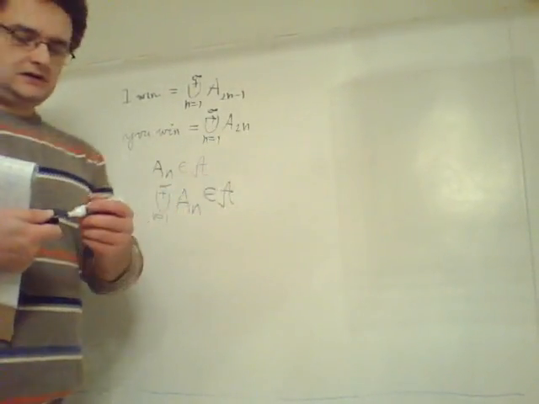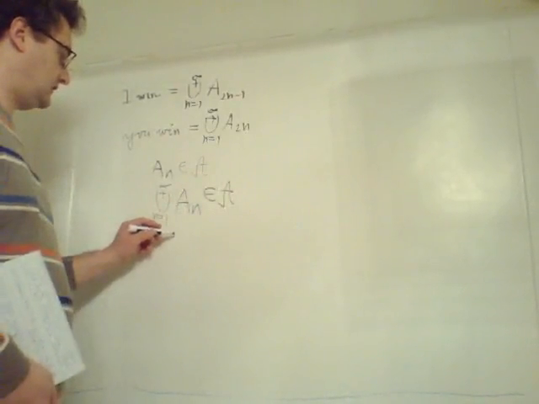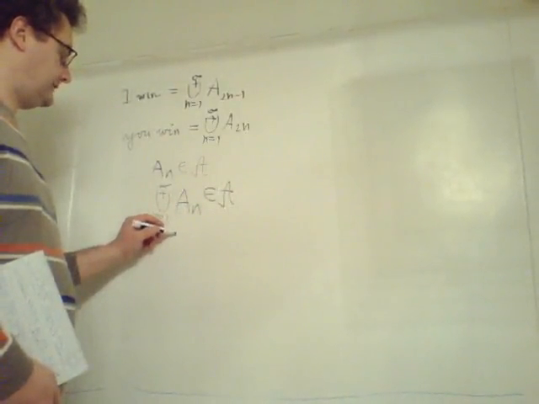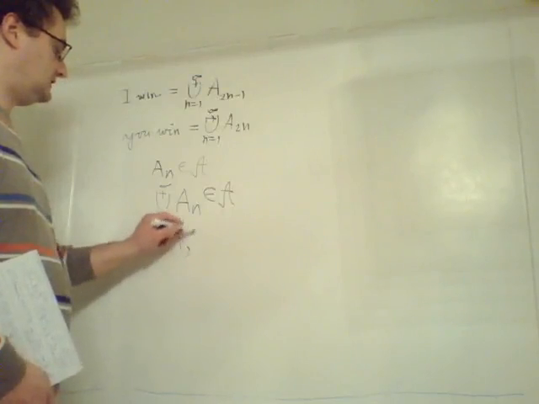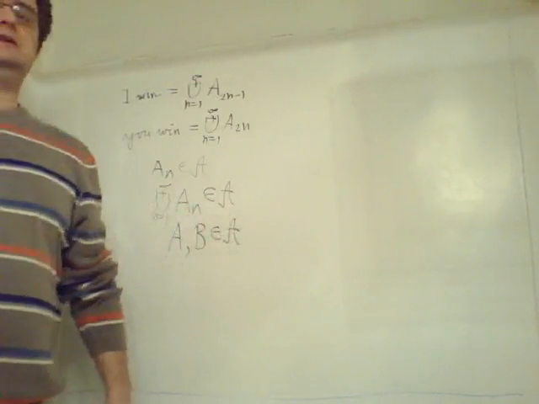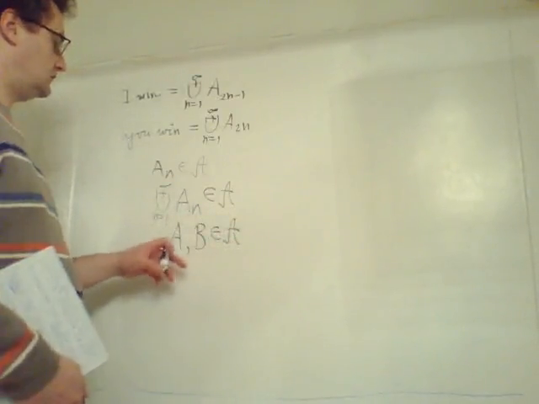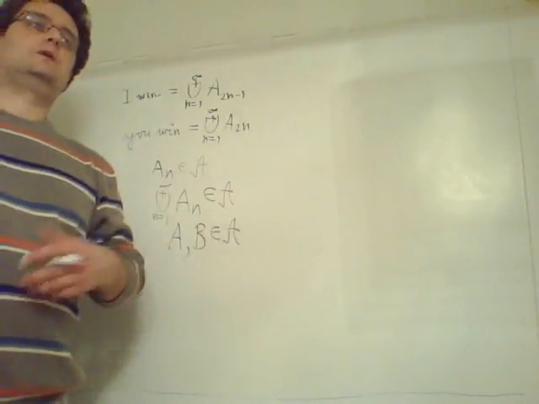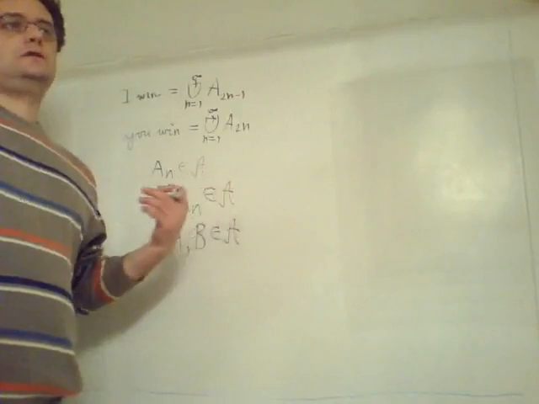We would also like to know, if A and B are in the domain of the probability function, that we can compute the probability that at least one of the events happens.